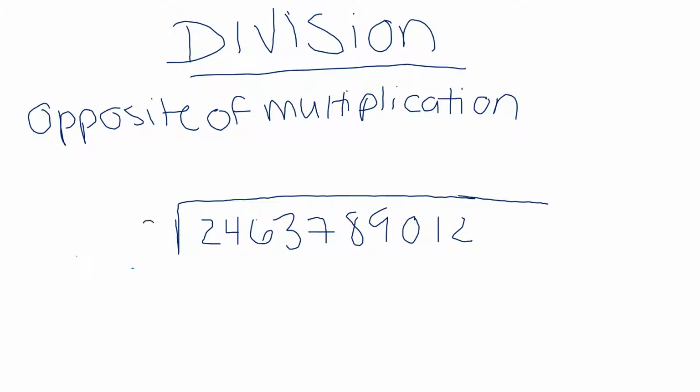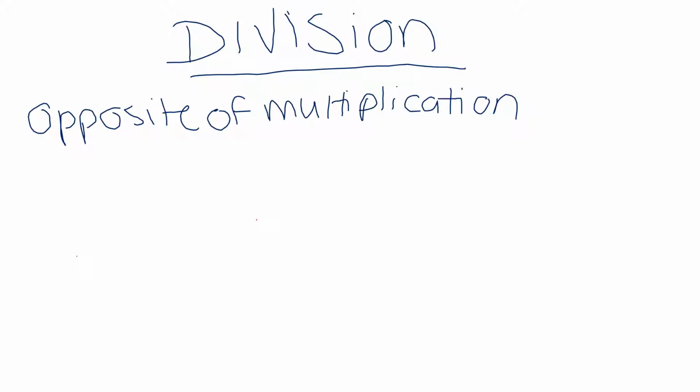This is a really big problem. When people say long division, they mean that you have a really long number in here and a number on the outside. This is just what long division looks like. I'm not actually going to do that problem. I'm going to do this problem.